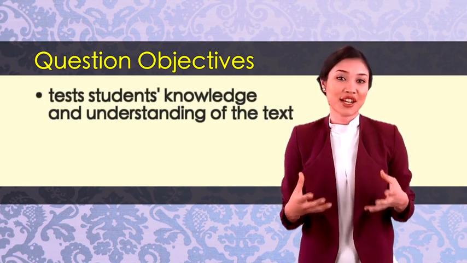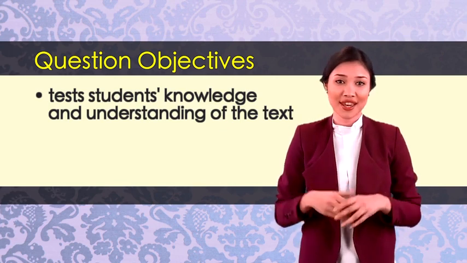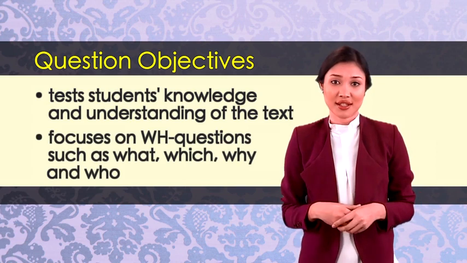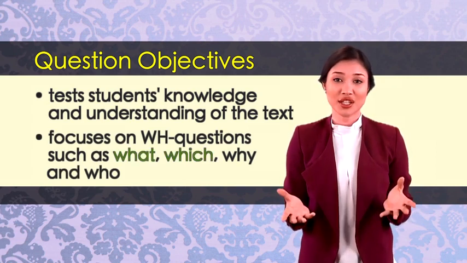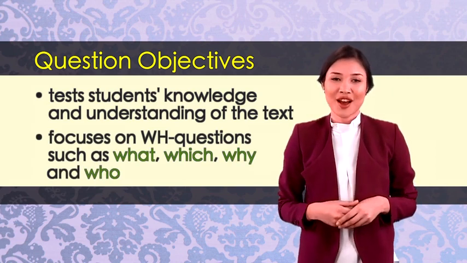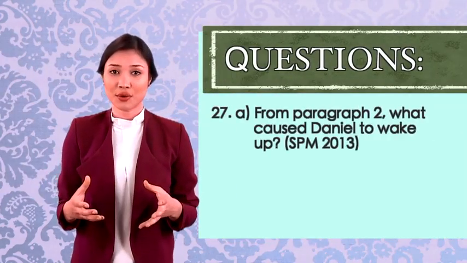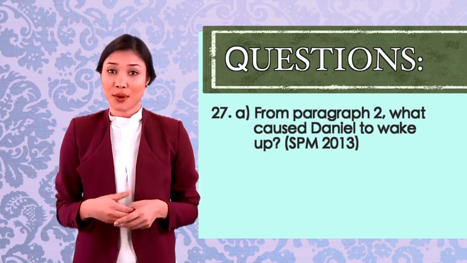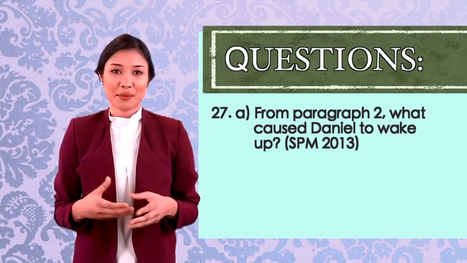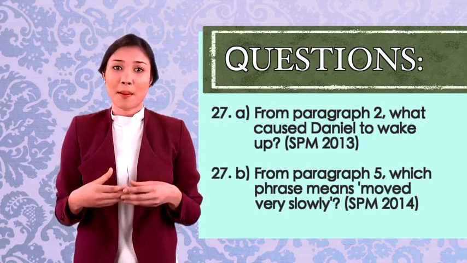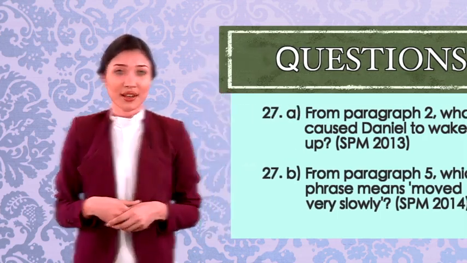Hence, the answers would be very direct and do not require higher order thinking skills. It normally focuses on WH questions such as what, which, why and who. For example, 27A, from paragraph 2, what caused Daniel to wake up? 27B, from paragraph 5, which phrase seems moved very slowly?